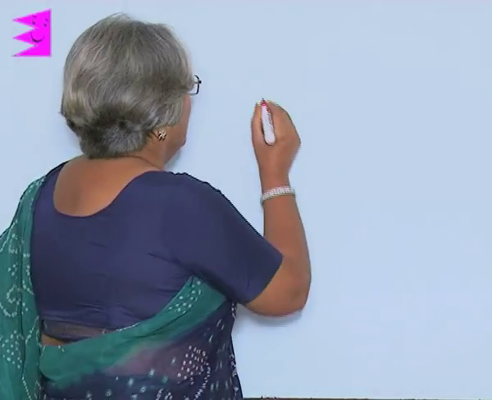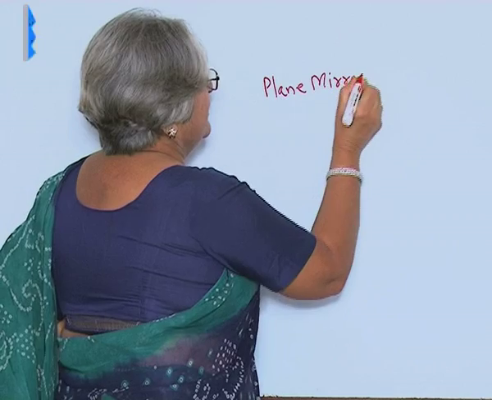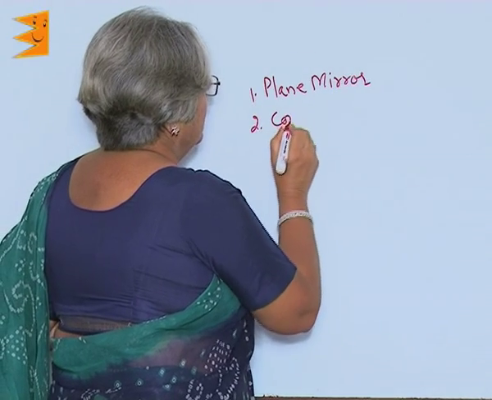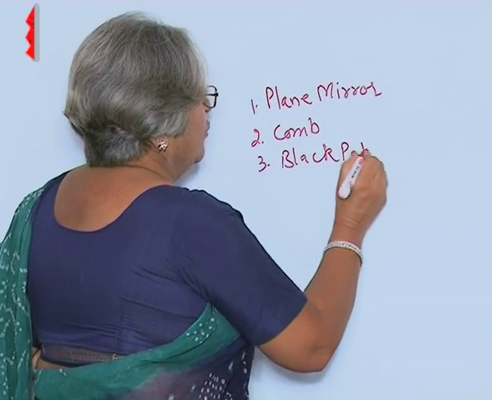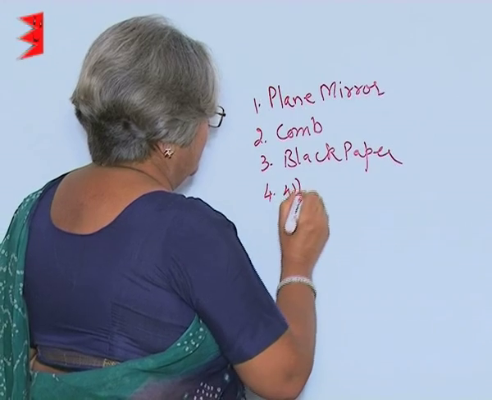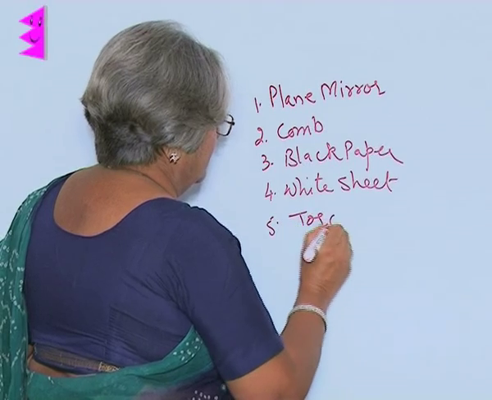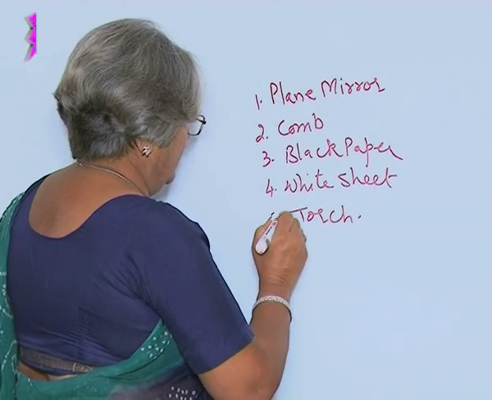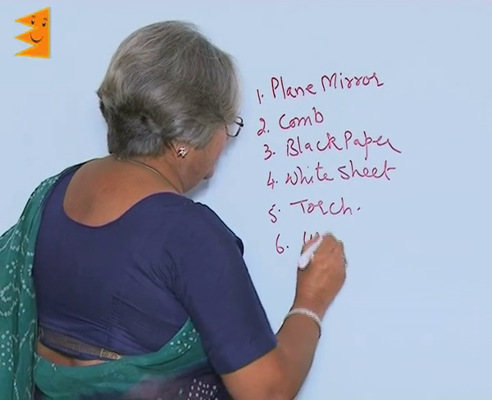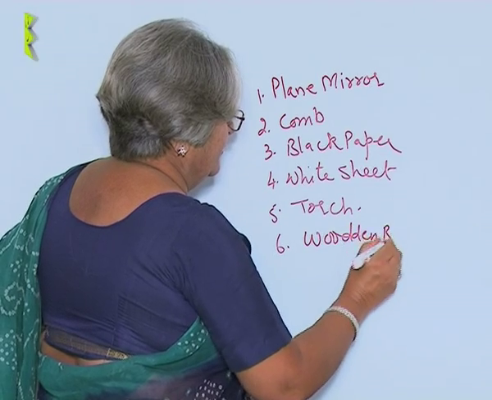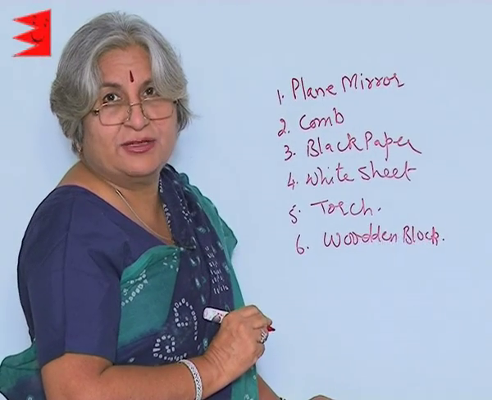So, the things required are a plane mirror, check the spellings of plane, comb, black paper, white sheet, a torch, two wooden blocks or one wooden block, so these are the things that you will require.